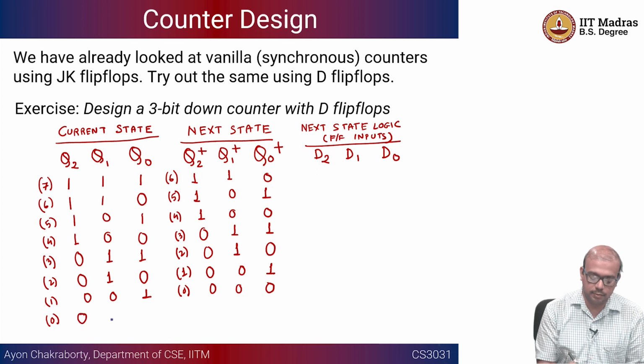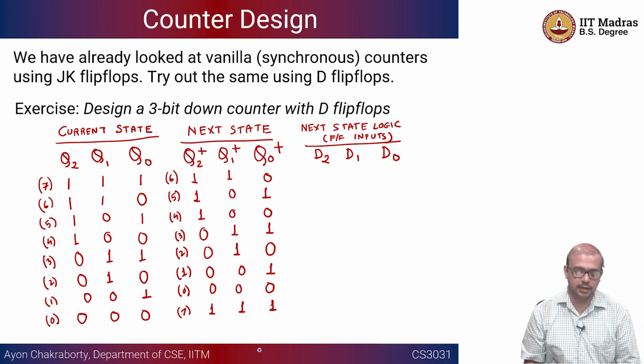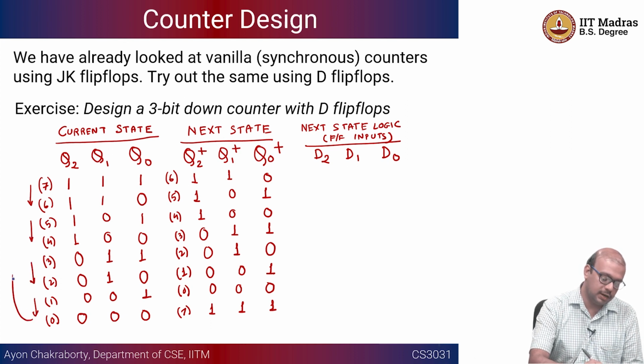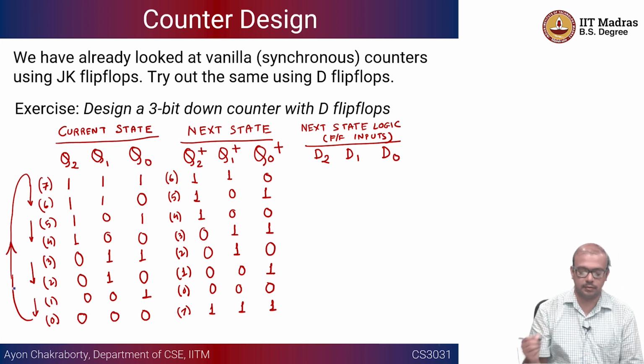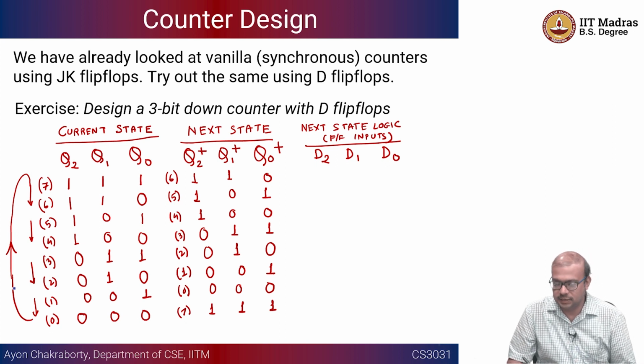So if I want to explicitly mention that 0 0 0 should be followed by 7, then it becomes cyclic, because from 0 to 7 this loop starts again. It comes to 0 and again goes back. Okay. So this is what is called the current state and the next state relationship.